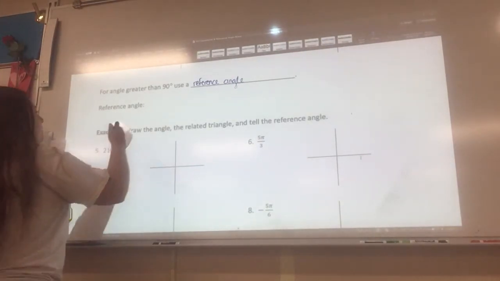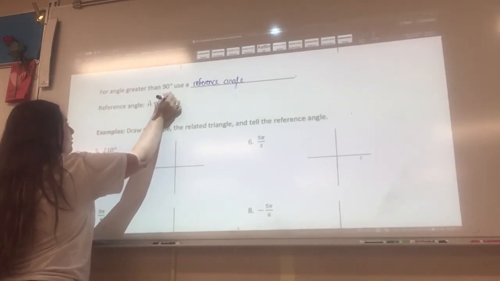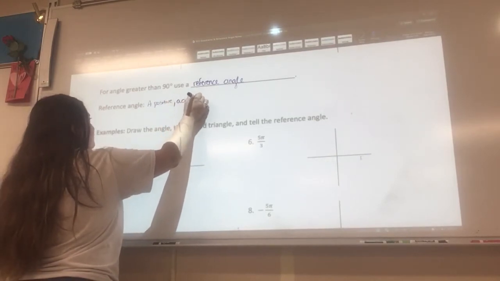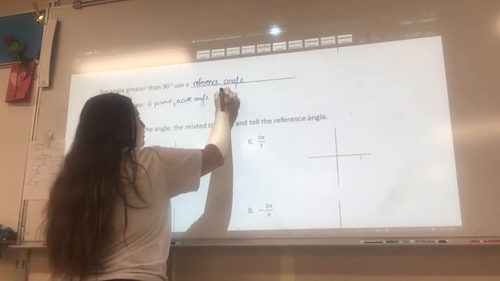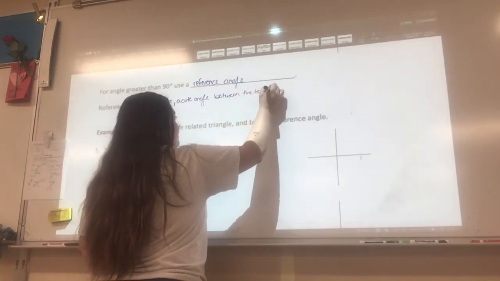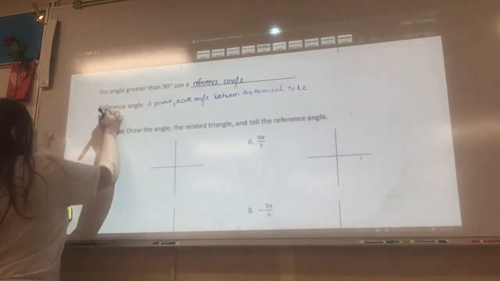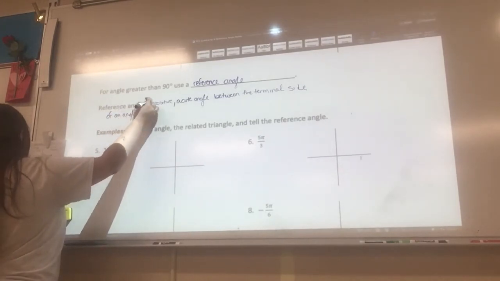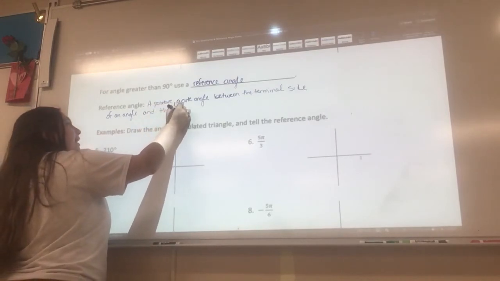A reference angle is a positive, remember they're always positive, acute angle between the terminal side of an angle and the most important, the x-axis.